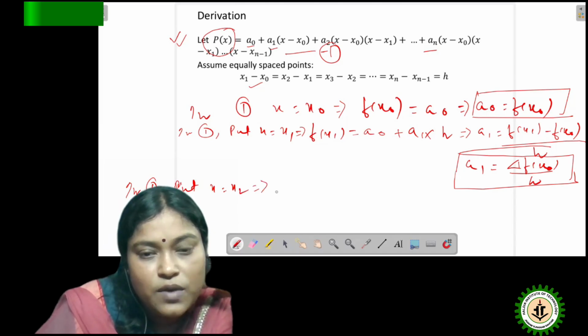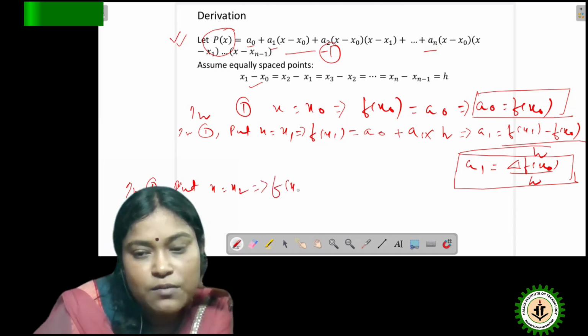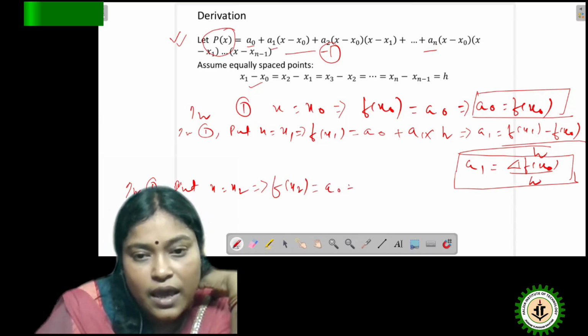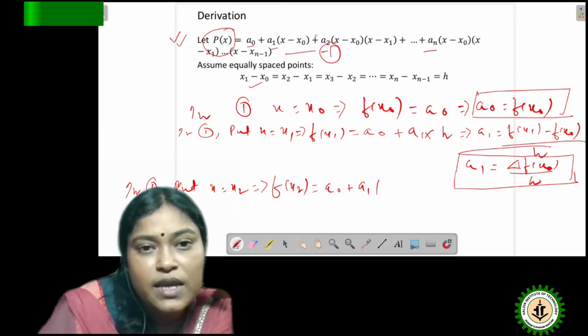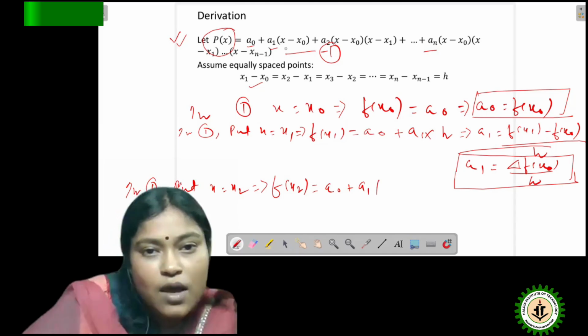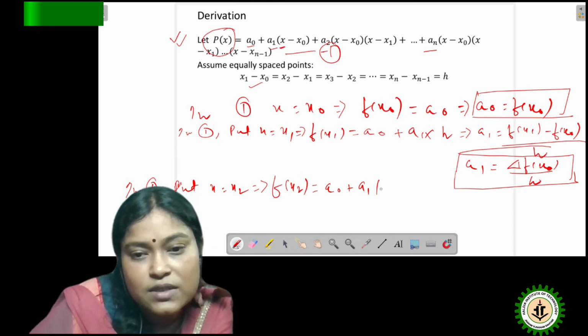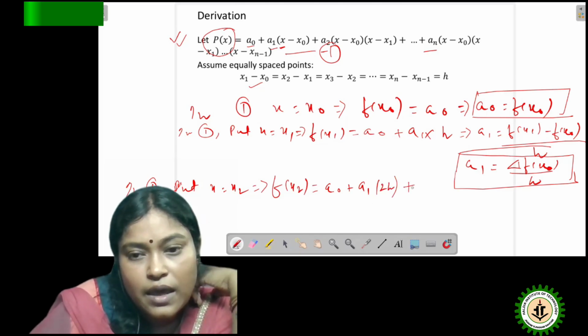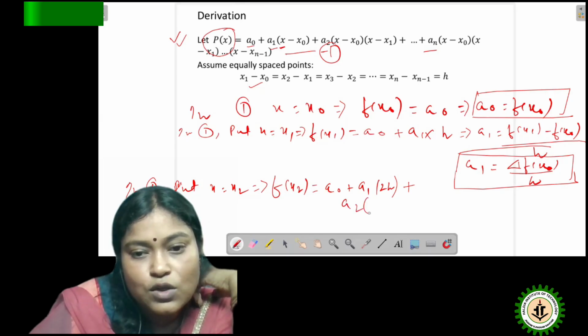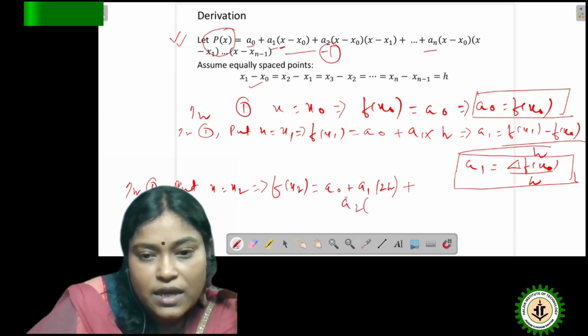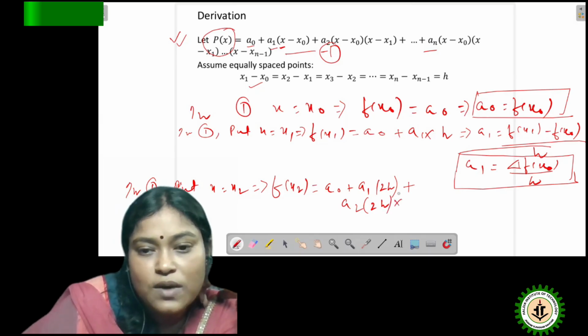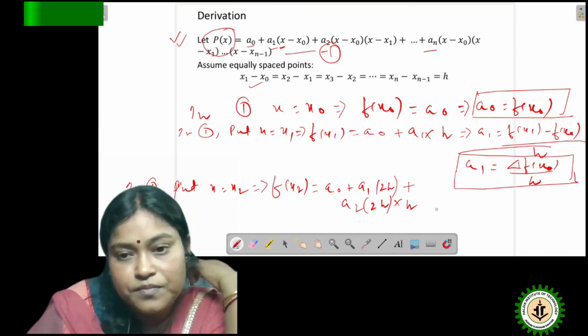If I put x equals x2, then the left hand side will be f of x2, equal to a naught plus a1 into x2 minus x naught, which is 2h, plus a2 into x2 minus x naught, again 2h, into x2 minus x1, that is h.